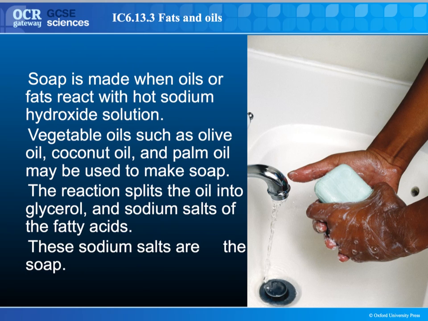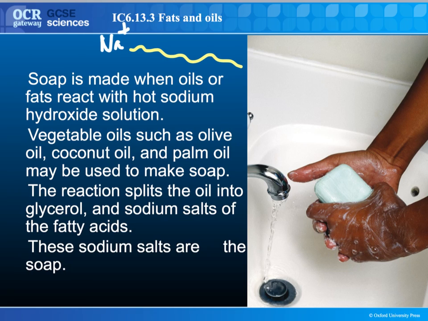The last idea in this topic is saponification. So soaps are made when oils or fats are split with hot sodium hydroxide. What you end up with is a molecule a lot like an emulsifier. You end up with a long fatty acid chain and a hydrophilic part, which is usually a sodium ion.